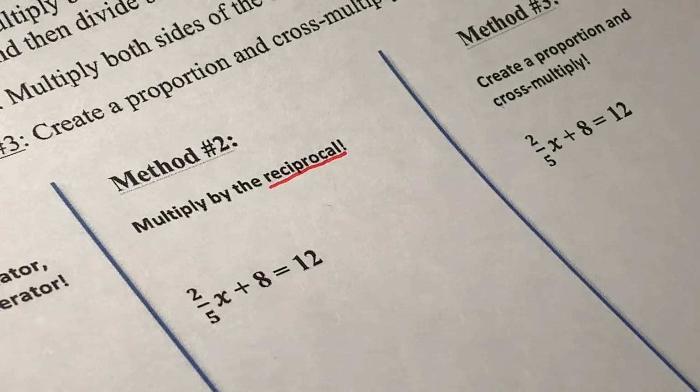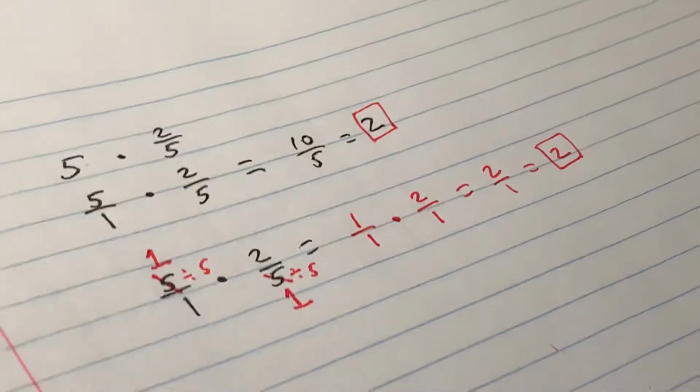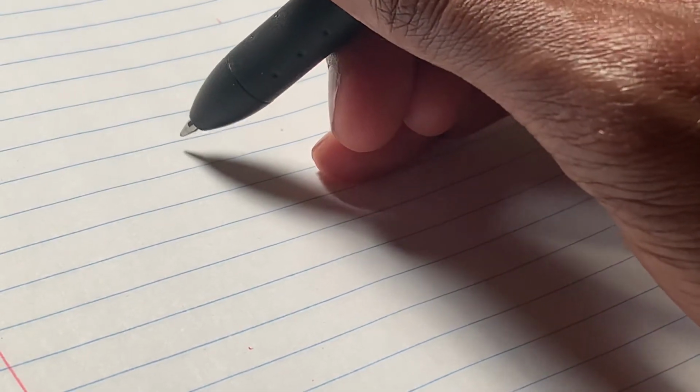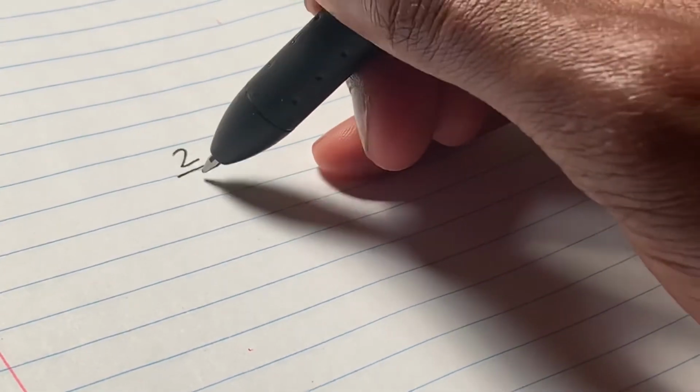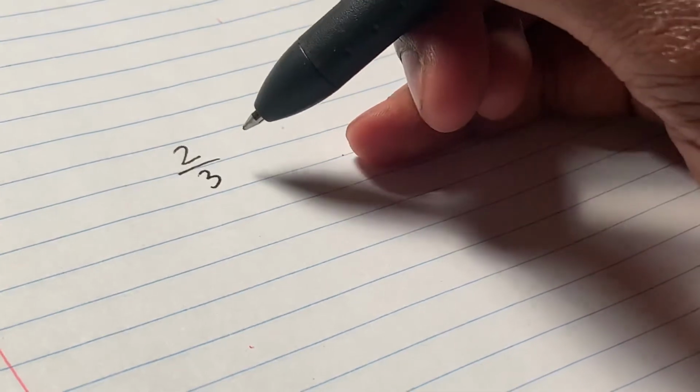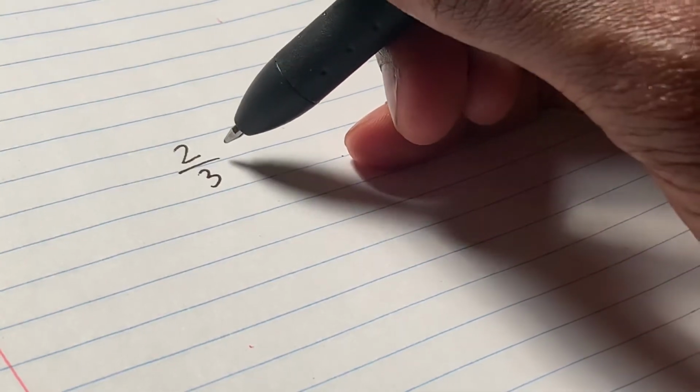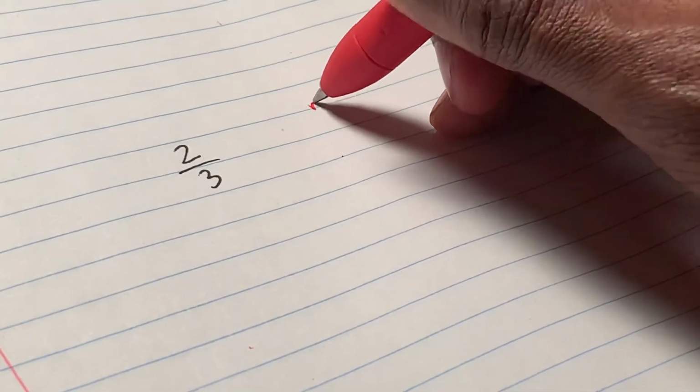Let's take a look at what reciprocals are all about. If I have a fraction, let's say the fraction is 2/3, and I say to you, give me the reciprocal of this fraction.